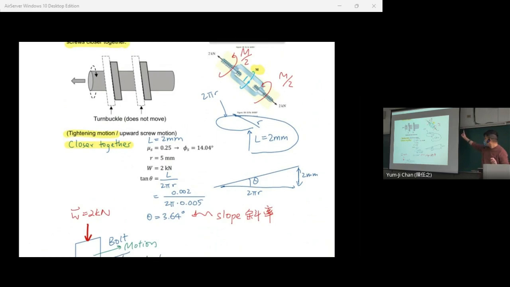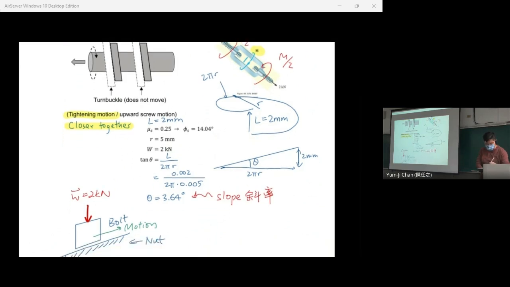Because we have 2 screws, half is on the upper half and half is on the lower half. The second thing is for the moment of half of M, the force here is M over 2 divided by R.